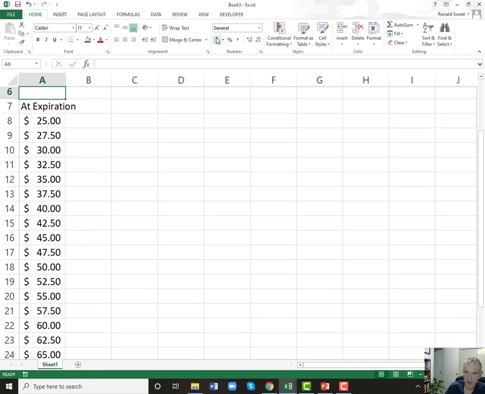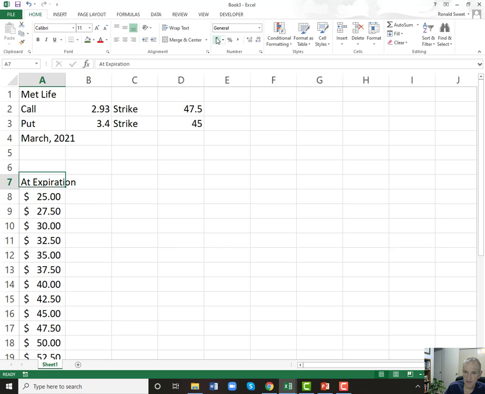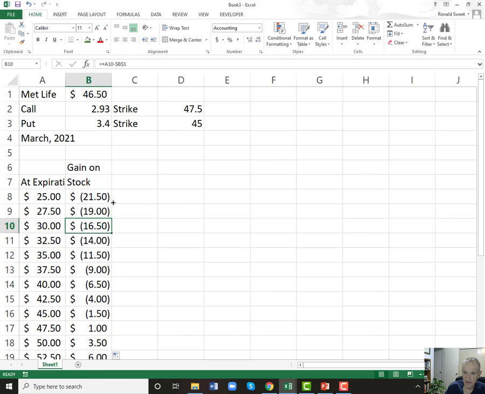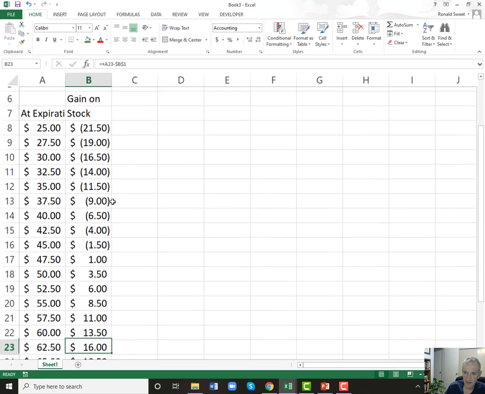We'll go out to $75, all right? So the gain on the stock, the current stock price, let's say, is $46.50. Let's just make it a nice round number. If the stock's trading for $46.50, then at the expiration it's worth $25, and we bought it for $46.50, we lost $21.50. And you just see as the stock price goes up, you start making money.